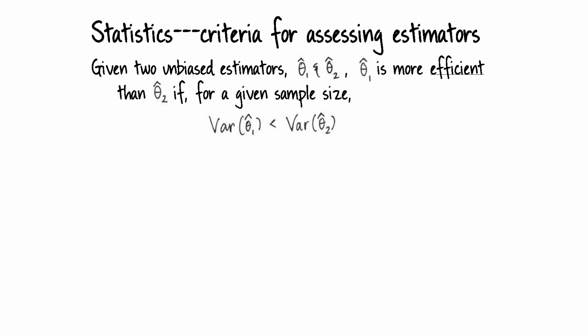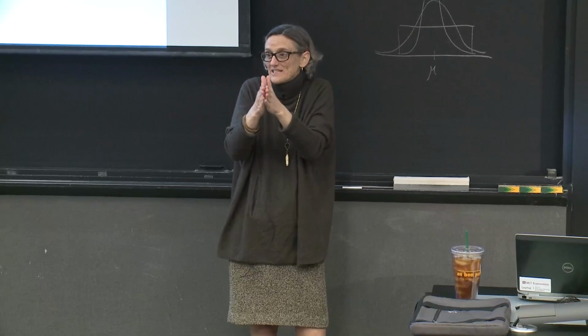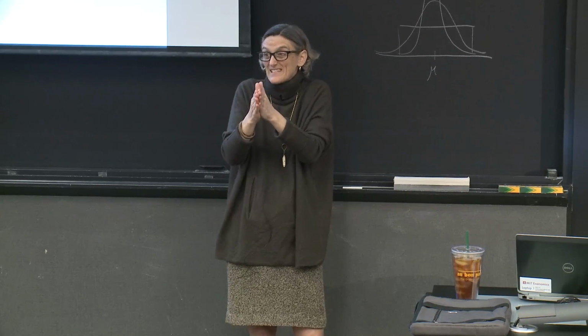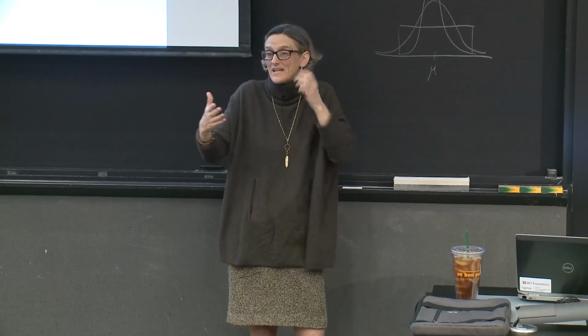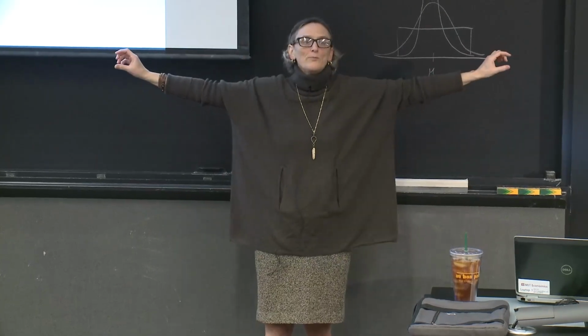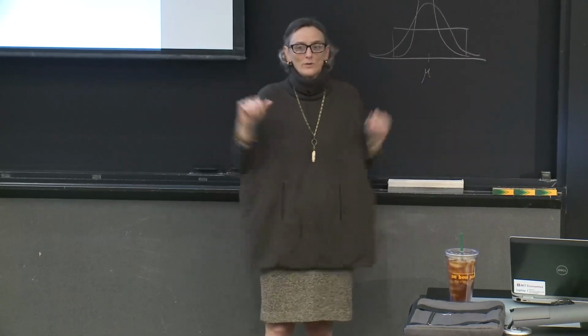We might care about how tightly distributed it is around the unknown parameter. Okay? We could have an estimator that has a very diffuse distribution, and that estimator, even if its expectation is the parameter we're trying to estimate, in other words, even if it's unbiased, might not be very useful to us if it has lots of probability far away from the real parameter.